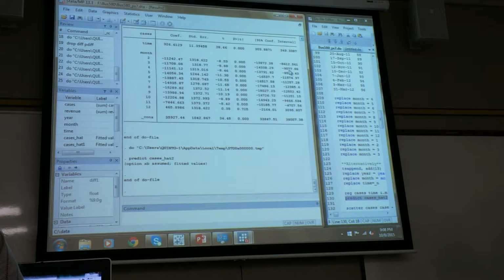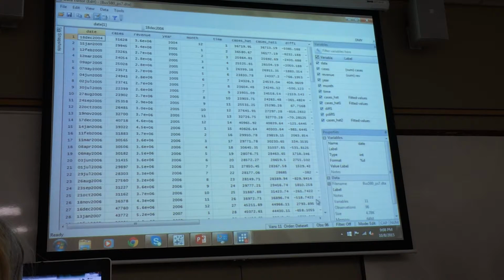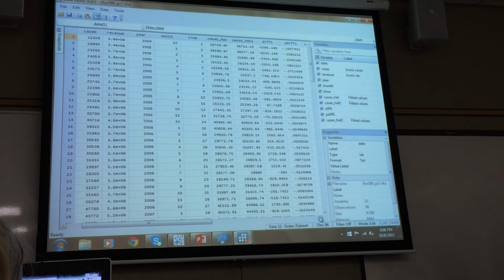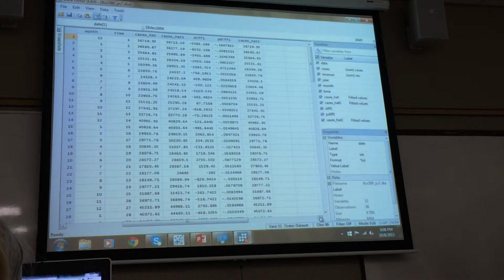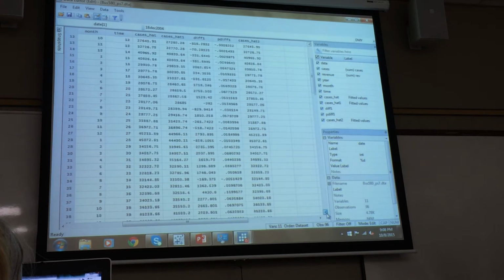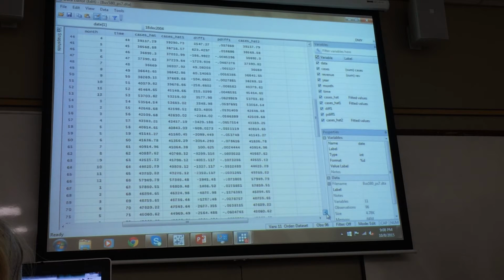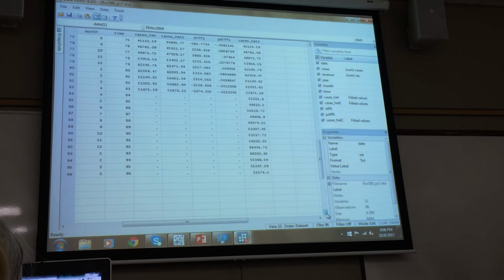So that just filled in all our predicted values for the new data? Hopefully, let's check. Wouldn't be the first time I messed up. The suspense is just killing you, isn't it?